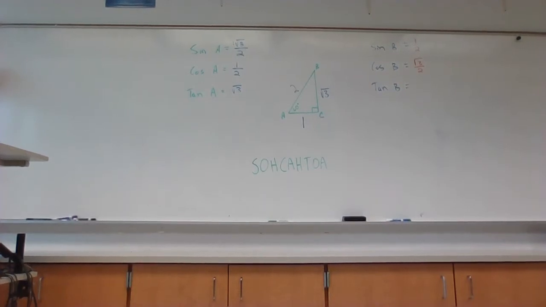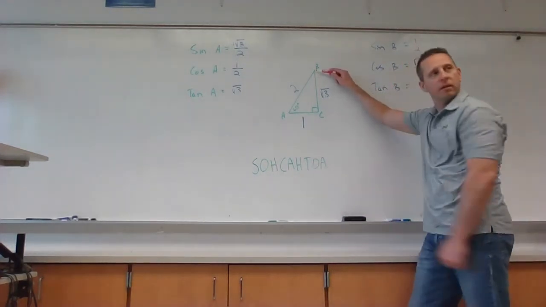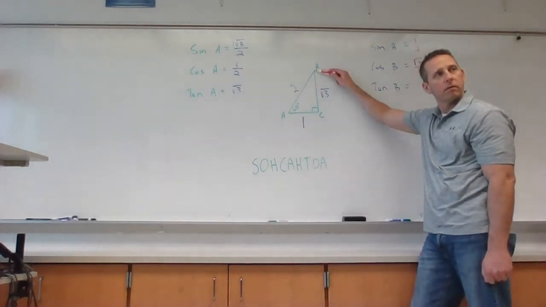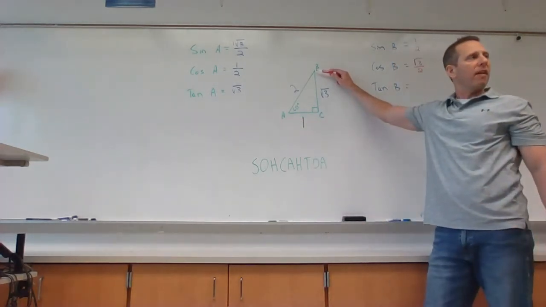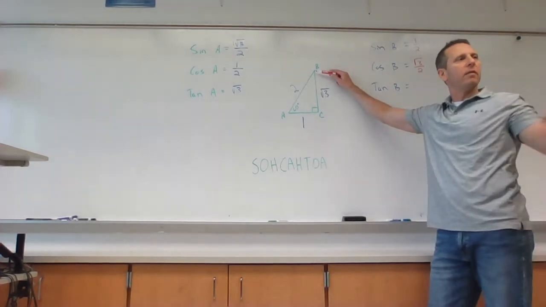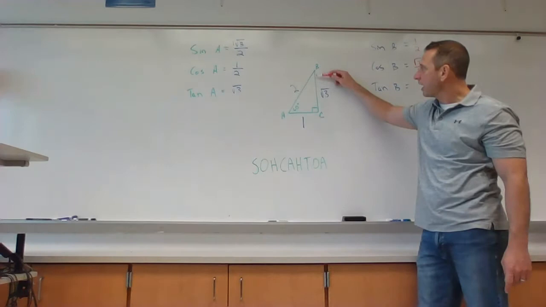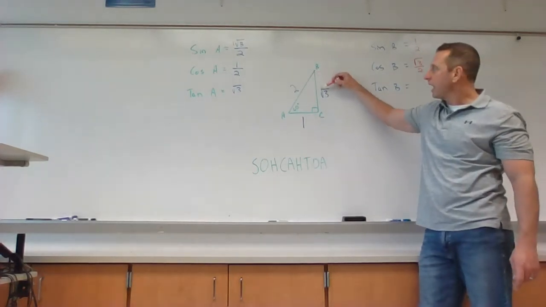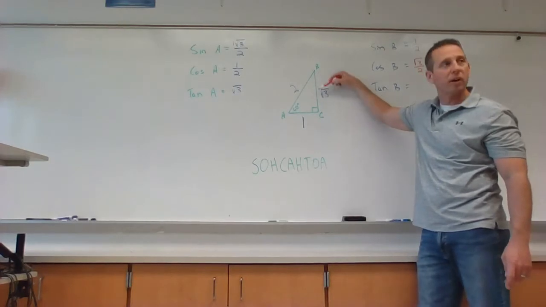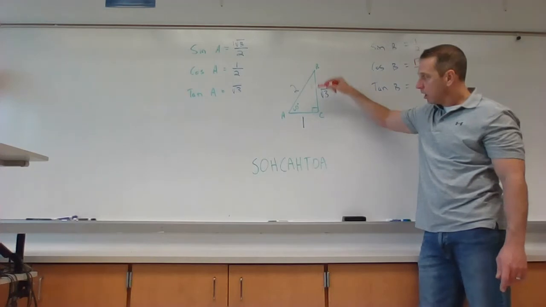Sophia, here's angle B. What side is opposite? A. That's an angle. It looks opposite to me. Amir, don't laugh at your friend. I don't know. What side? These two sides are connected to angle B, so which one's opposite? 1.